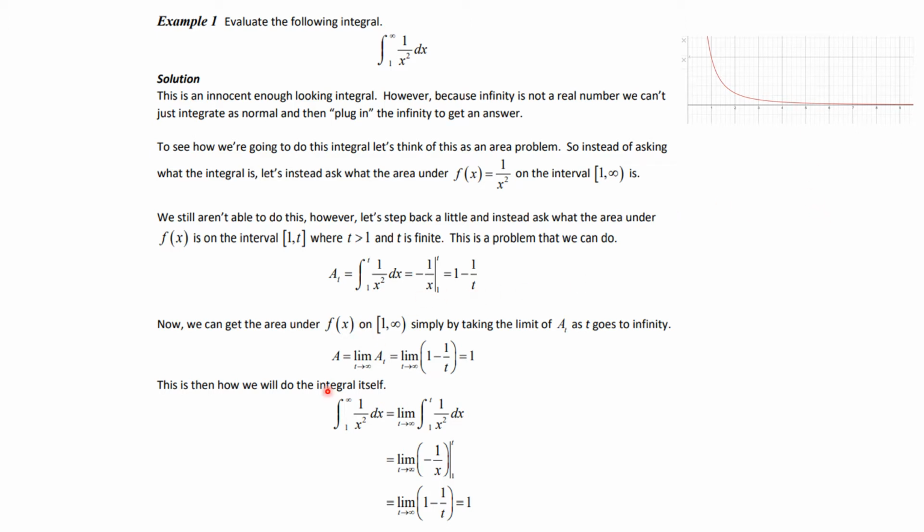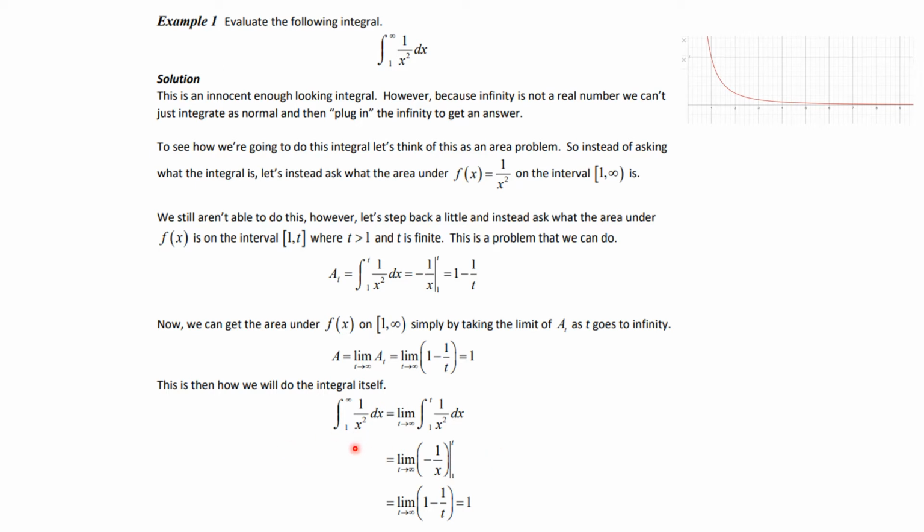So what is the limit as t tends to infinity of A sub t? The limit as t tends to infinity of 1 minus 1 over t: the limit of the sum is the sum of the limits. 1 is just 1, but 1 over t gets closer and closer to 0 as t gets bigger. So this limit is 1. That means the area under this curve is 1 all the way to infinity.